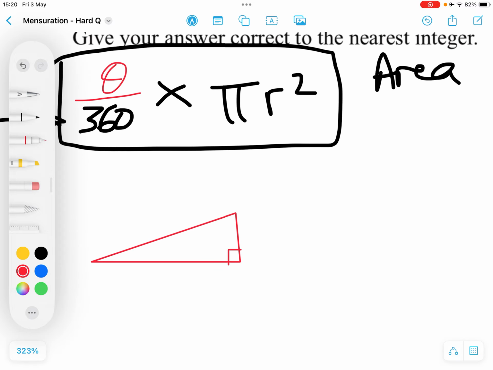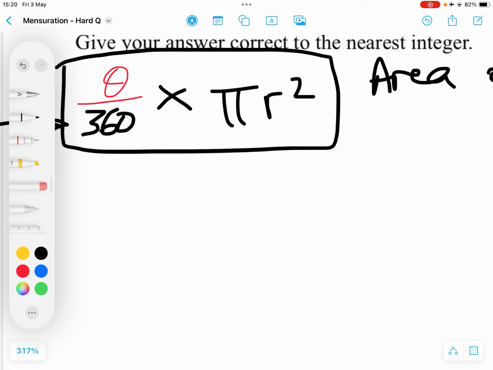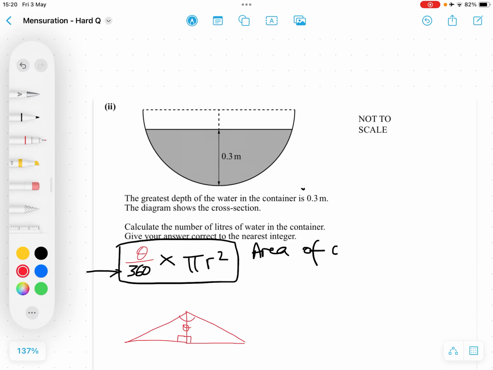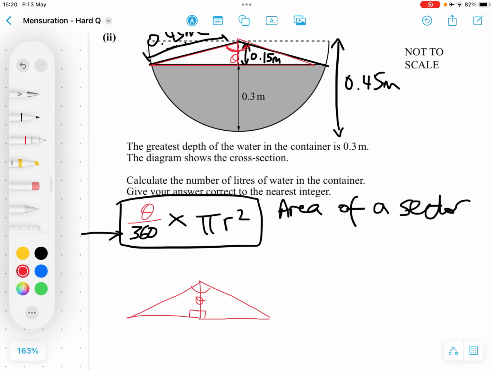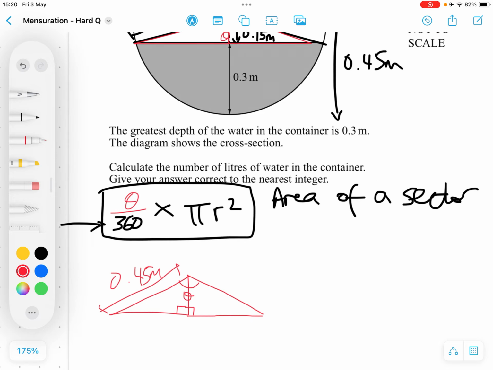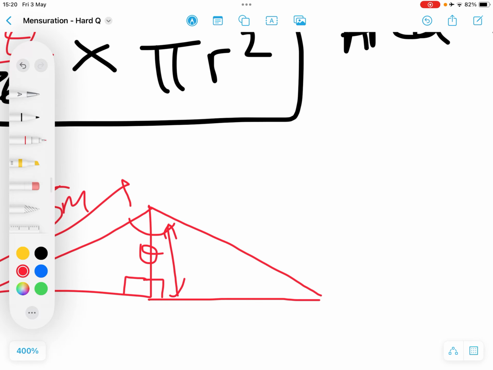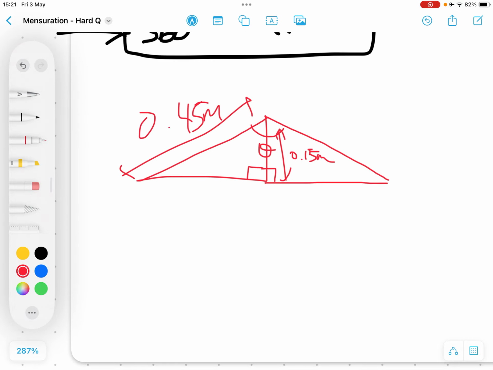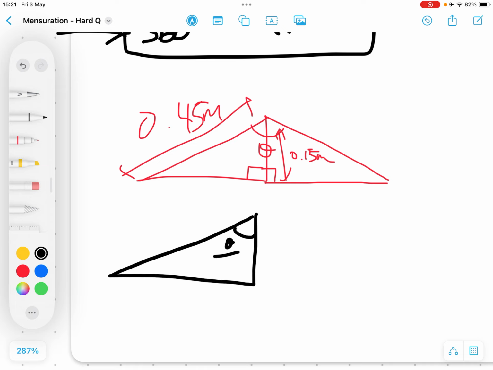We have two right angled triangles, and this is theta. And this length is 0.45 meters, and this height is 0.15 meters. So now if we redraw one of the triangles separately, this angle is theta over 2.